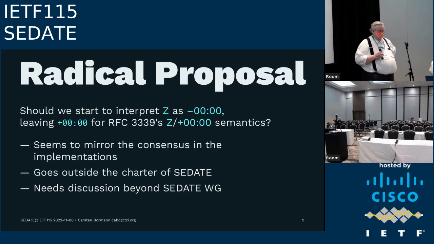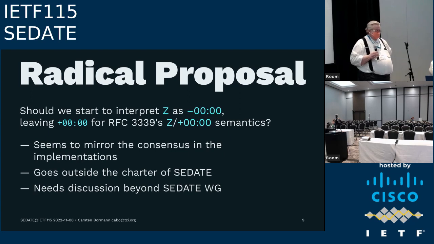And the radical proposal is that we actually start to interpret Z as minus 00:00. So Z means no local offset is implied. So if you want to imply a local offset of British winter time, then you write plus 00:00.